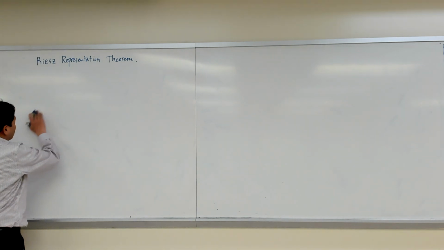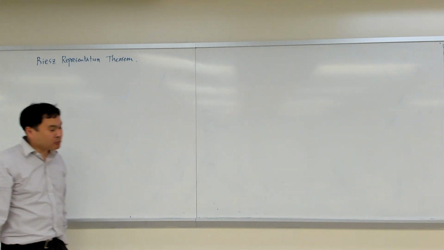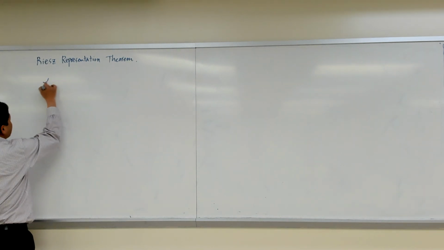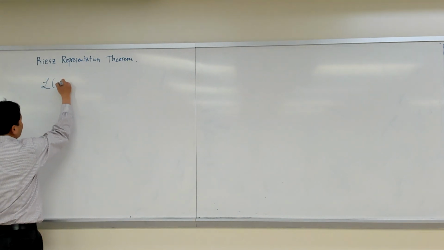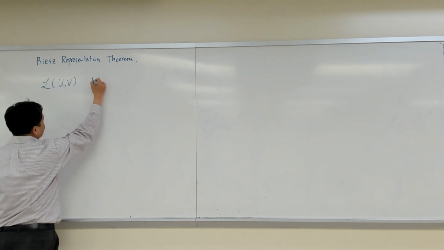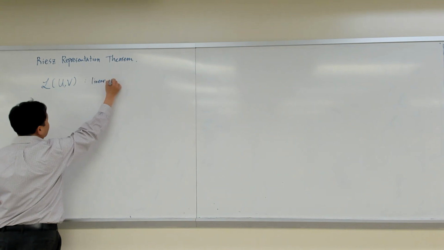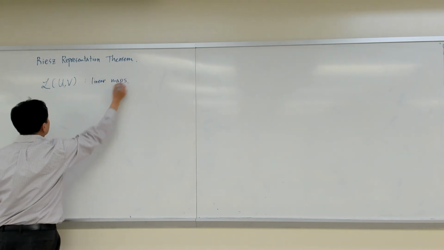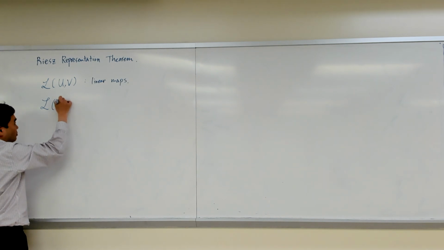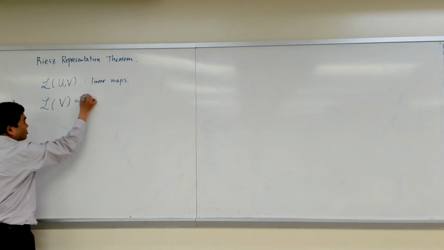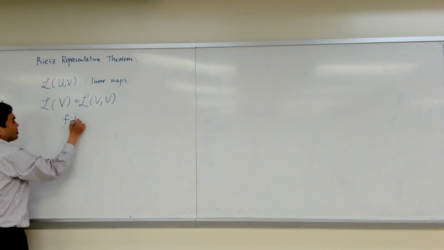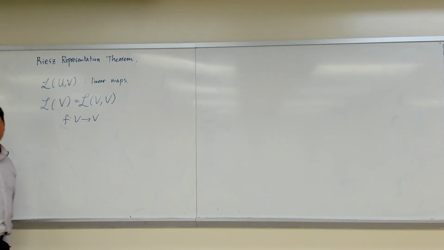So far we've talked about many different kinds of linear maps. So there was a linear map from U to V. These were called linear maps. But if you had a linear map from V to V, so these are functions from V to V that satisfy linearity, okay?